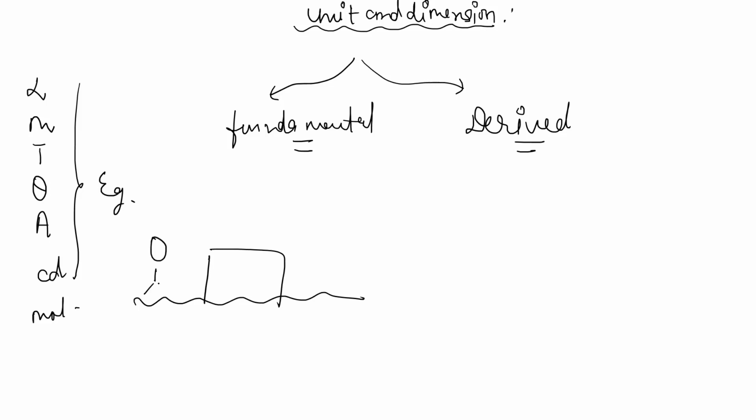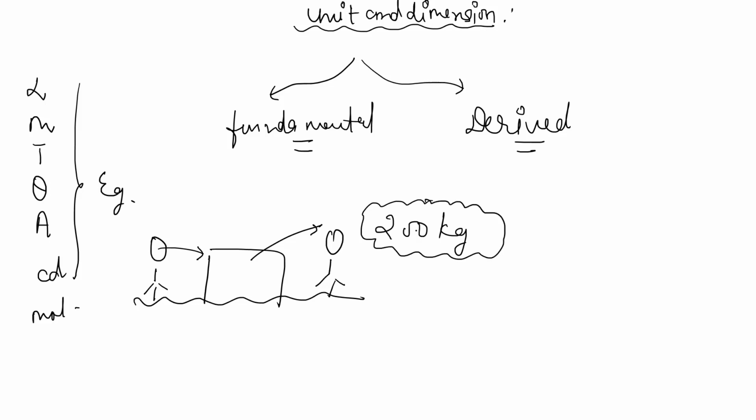One person is standing here, another is standing here, and this person asks what the mass of this block is, and he tells that the mass of this block is 200 kg. Now the question is, what is the meaning of 200 kg? It is a measurement of the physical quantity mass.